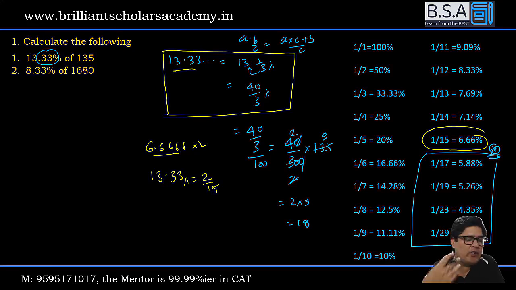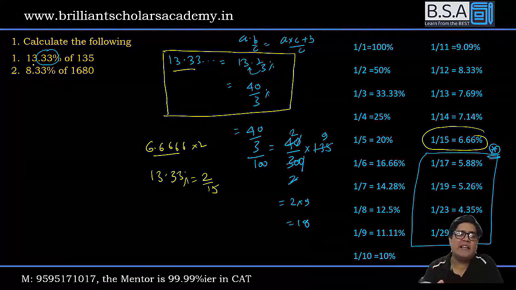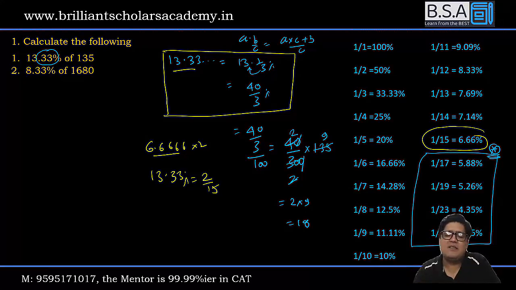That is the idea. Why have I kept it here? You will keep on repeating these numbers. These are very common numbers in CAT. I could have framed a question and said length of a rectangle is increased by 13.33%, and then the question will go on. So you need to be able to realize 13.33% is 2/15. This is 6.6666. It goes to infinity.